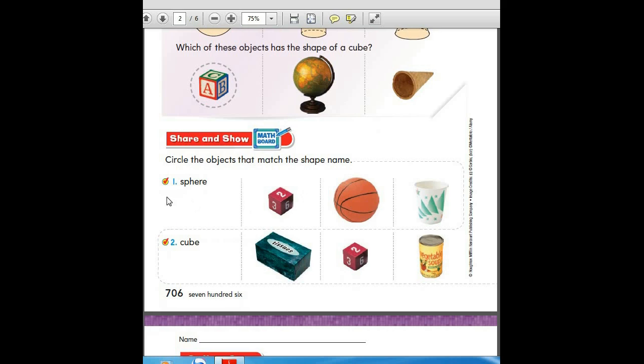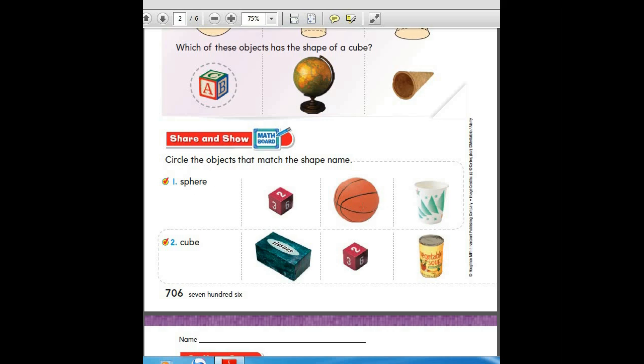Here, circle the objects that match the shape name. Number 1, we have sphere. We said the sphere is a perfect rounded shape, so it looks like a dice or a ball or a cup.